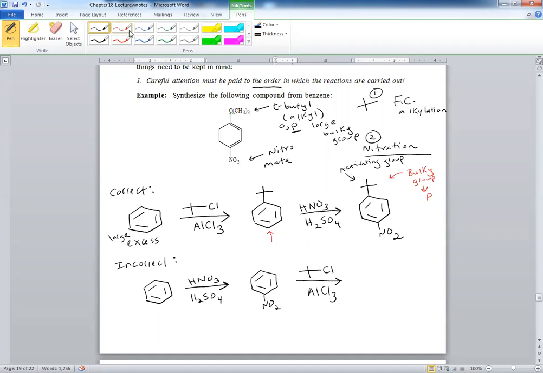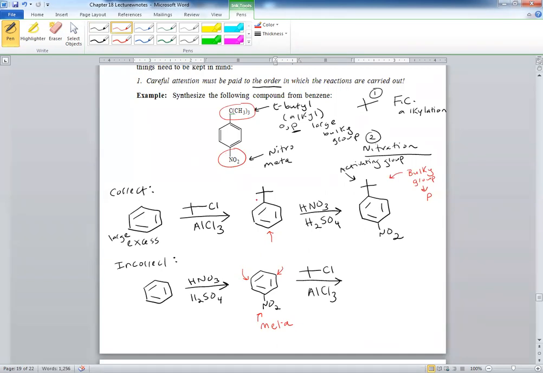Number one is that the nitro is meta-directing. So it will add right there or right there, not where we need it to be, especially where you started right there. So you see the first problem?